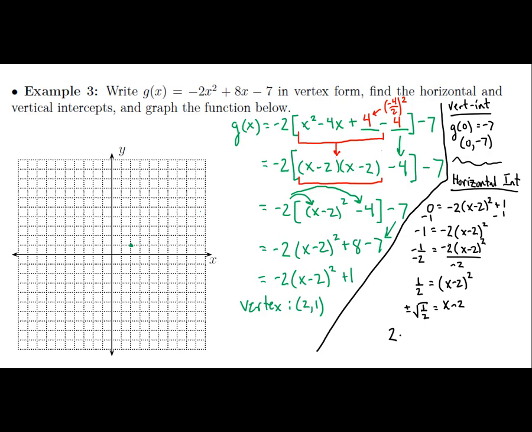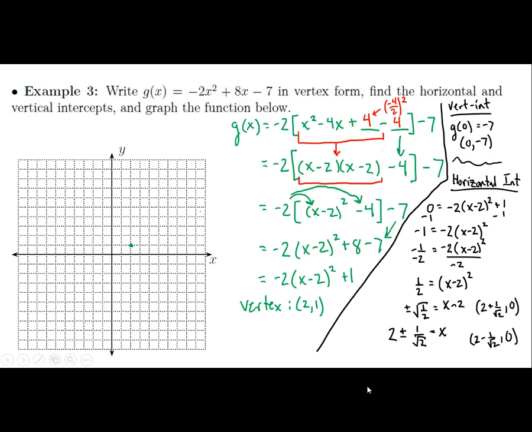So that means 2 plus or minus, and then the square root of 1 is 1, so I can really just have the square root in the denominator. So 2 plus or minus 1 over the square root of 2 is my x value. That gives me a horizontal intercept of 2 plus 1 over root 2, 0, and 2 minus 1 over root 2, 0.